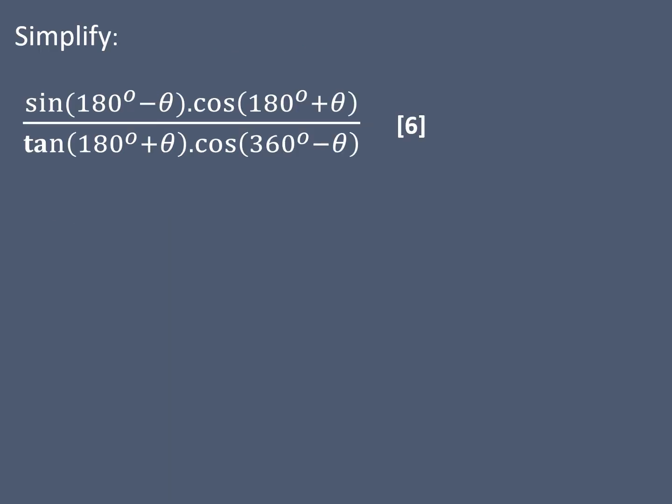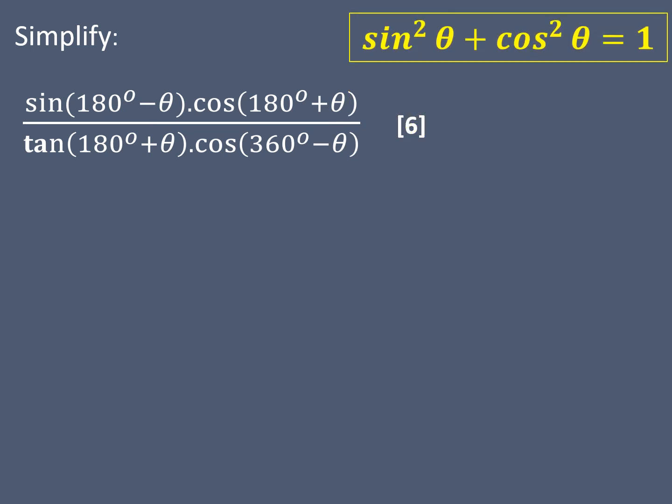Before we try this question, we've got to remind ourselves of the identities that we learnt about last year. There were 2. The first identity is that sine squared theta plus cos squared theta is always equal to 1, which means if you get sine squared theta plus cos squared theta in your final answer, we expect you to go one step further and write down that it is equal to 1.